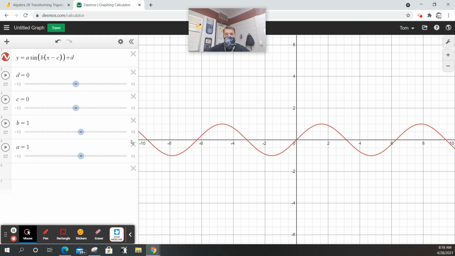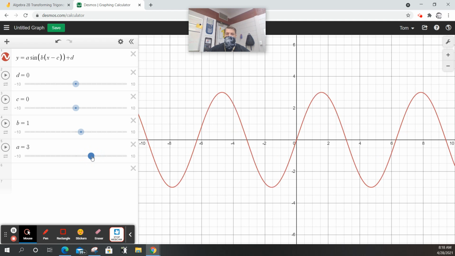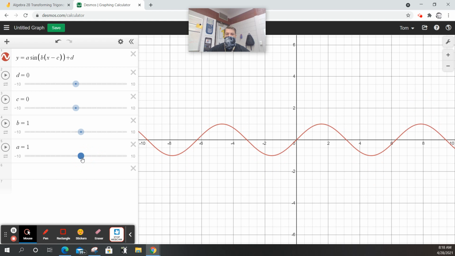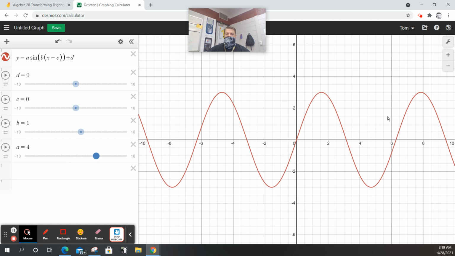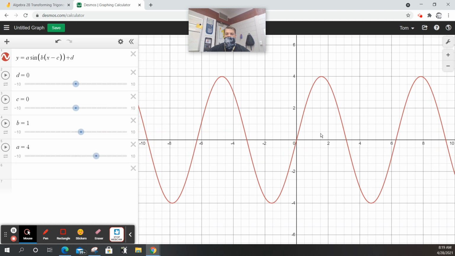Let's see what A does. If I change A, if I increase A, that has an impact on the amplitude. I can make it bigger or smaller. I can reverse it, but that changes the amplitude. Okay.